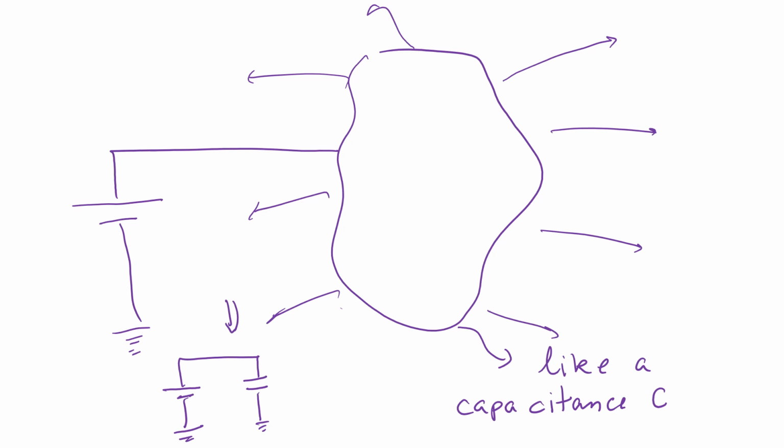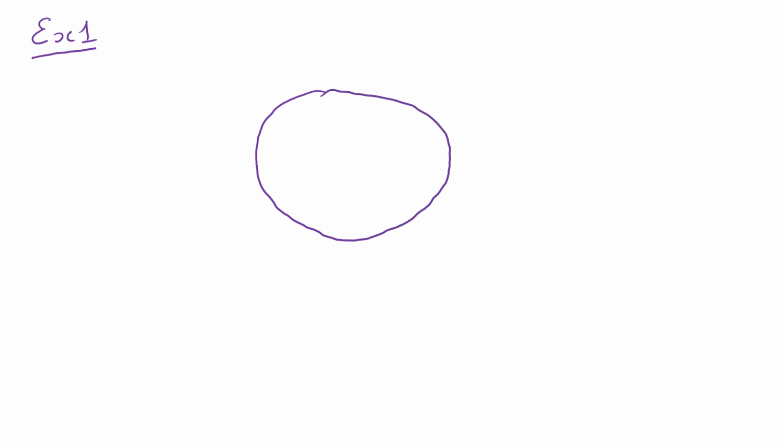Let's take an example. This is your example one. We have a conductor which is shaped like a spherical ball of radius R. What is the capacitance for this conductor?